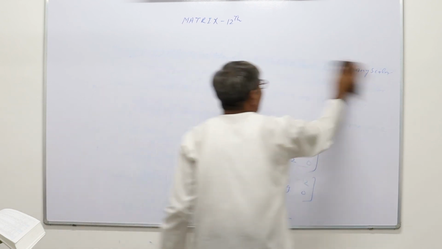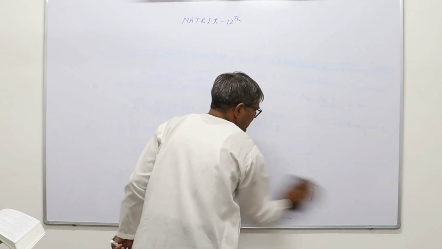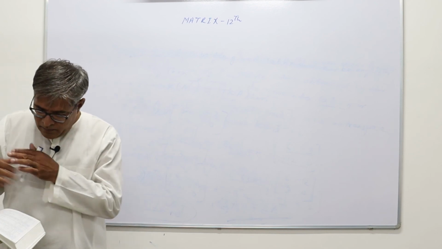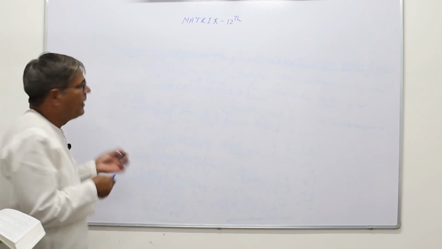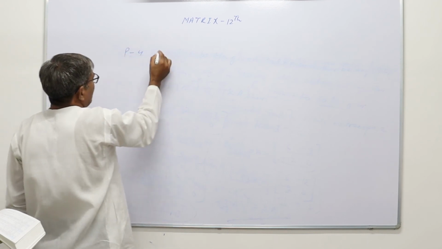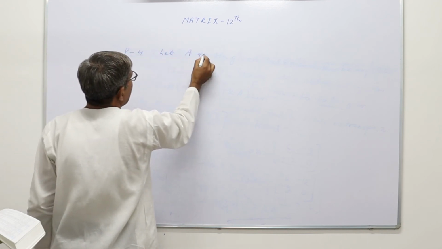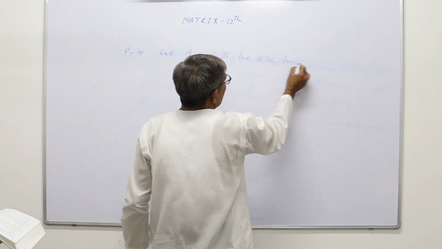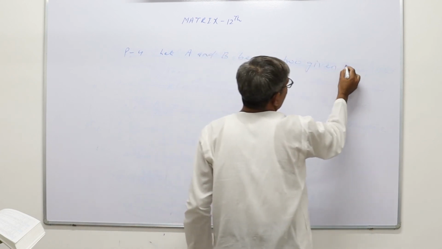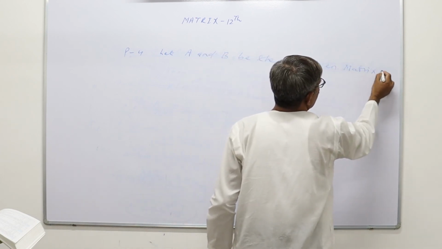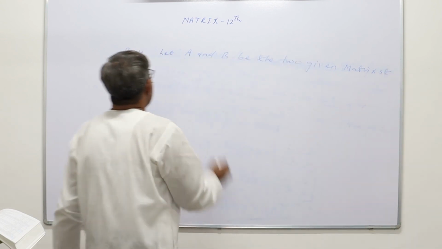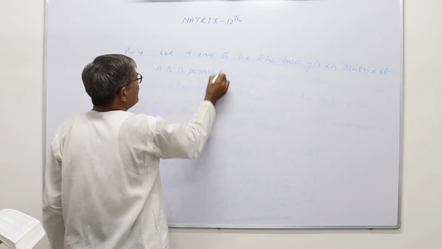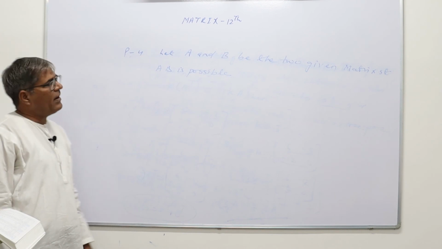So property number 4 is: let A and B be two given matrices such that AB is possible. AB is possible means pre-multiplication of the given matrix is possible.